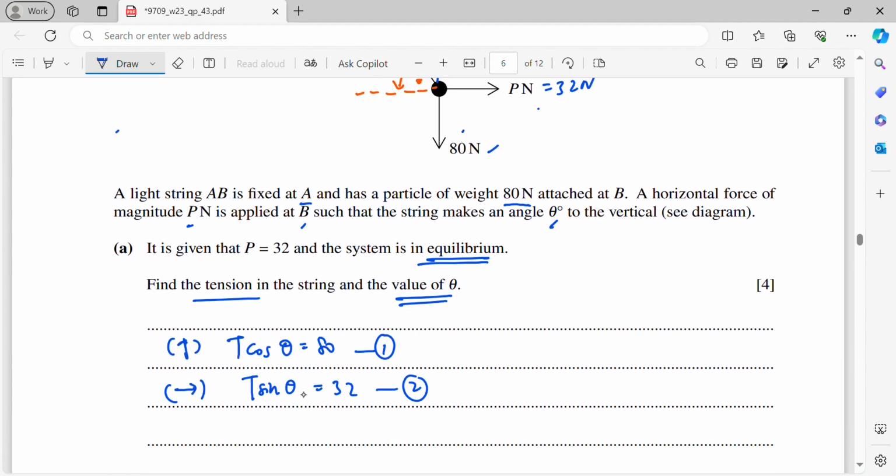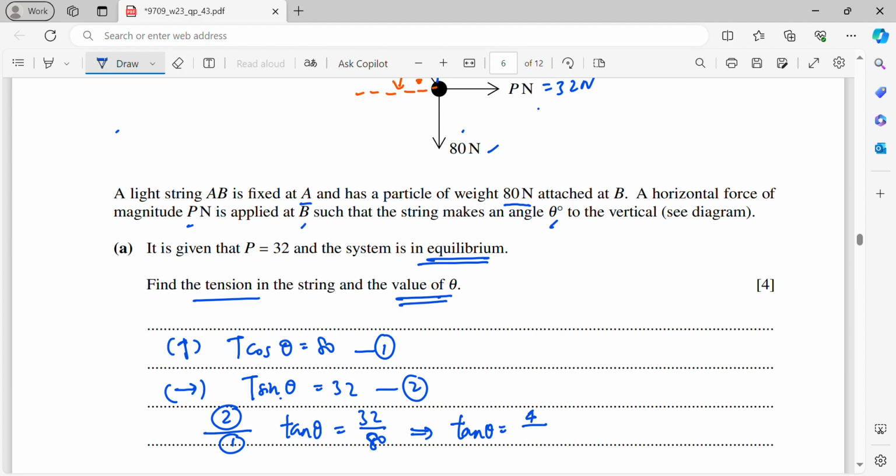Now to solve these two equations, I will use the second equation divided by the first equation. For the left hand side, the T will be cancelled off when you divide. Then I will just get sine theta over cos theta, which is tangent theta, equal to 32 over 80. Because the question asks for the theta value, tangent theta is 32 over 80, which is 4 over 10.